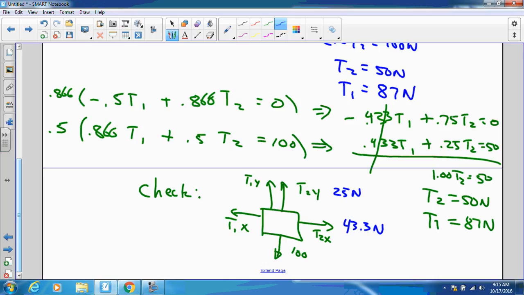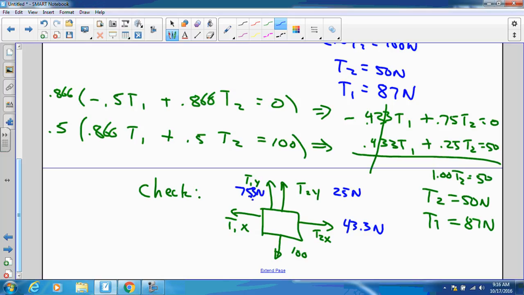And T1y, 87 times the sine of 60, is 75.3 newtons. And T1x is going to be 87 times the cosine of 30.